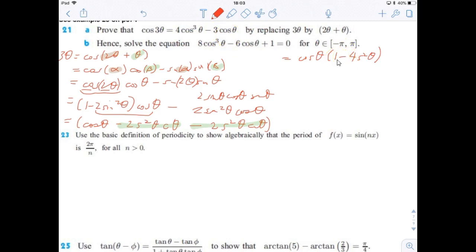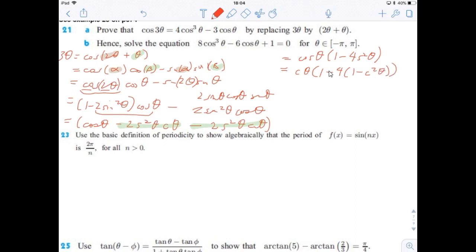What if I tried to substitute the sine squared here? Instead of sine squared, what if I put 1 minus cosine squared? Then I would get rid of the sine squareds and I would just have cosine squared. So let's try that. Equals cosine theta times 1 minus 4 times 1 minus cosine squared theta.